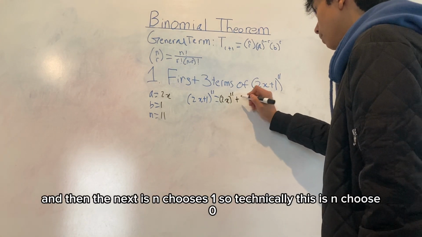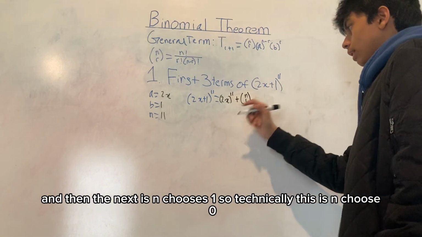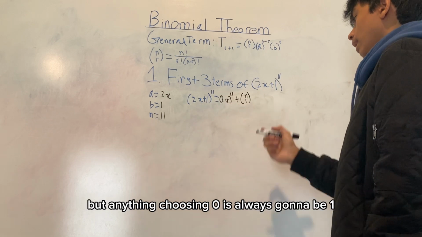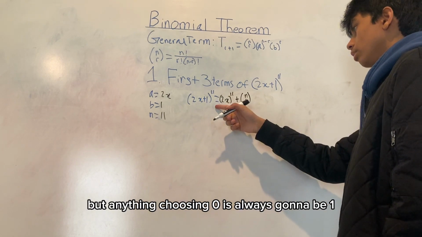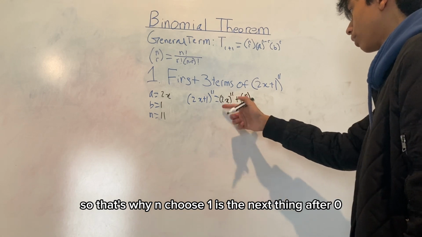And then the next is n choose 1. Technically this is n choose 0, but anything choosing 0 is always going to be 1, so that's why n choose 1 is the next thing after 0.